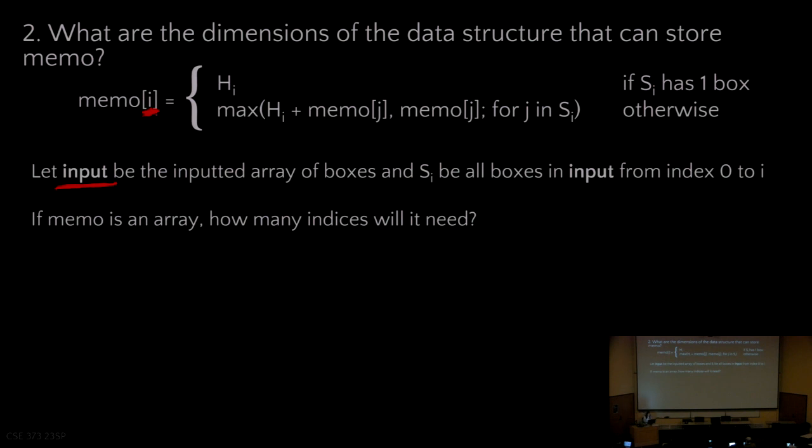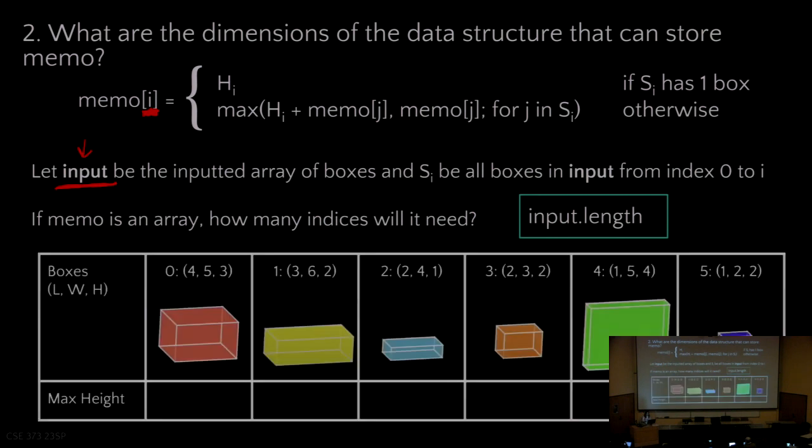So since each index of memo is going to be sort of one more box that we are adding into the set, and since the number of boxes is dependent on our input, the number of indices that memo will need is going to be the length of input. And so memo is going to look something like this. And then let's say at index 2, what this means is the value here is going to be the max height possible using all 3 of these boxes.